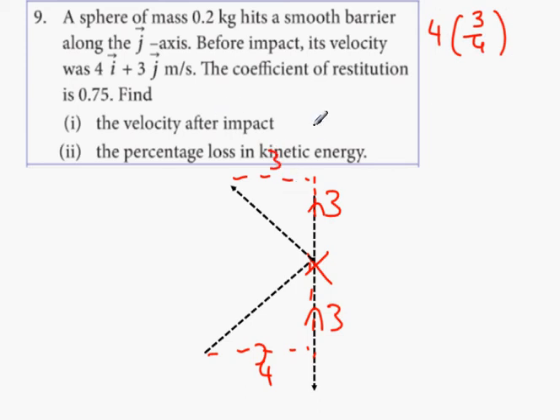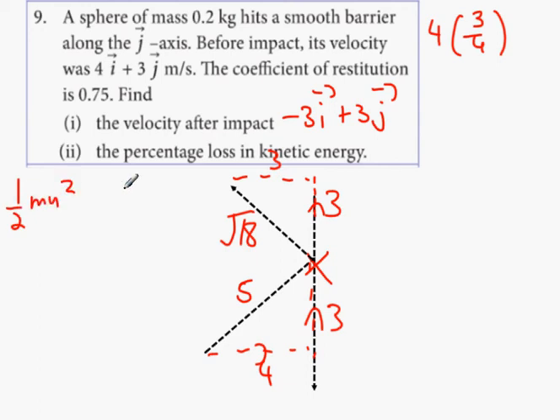Velocity after impact, guys, minus 3i, because you're going 3 to the left and 3 upwards. Your percentage loss in kinetic energy: that's a 5, isn't it? A 3, 4, 5 triangle. And this one here, root 18. So you're going to do a half mu squared minus a half mv squared.